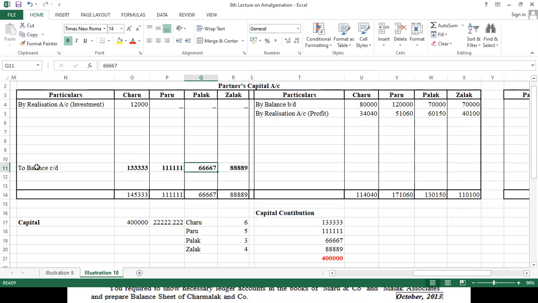Now there is a difference in the total of the partners' accounts. So any difference will be adjusted through which account? Bank account, because we don't have cash.